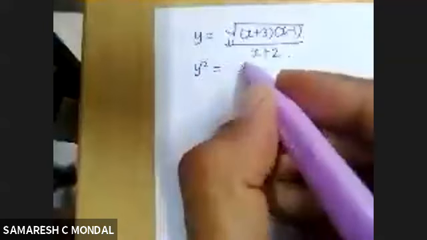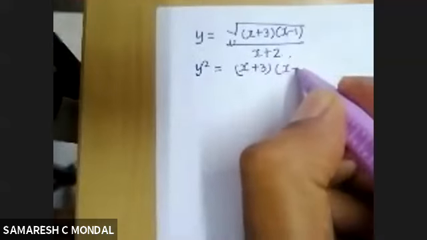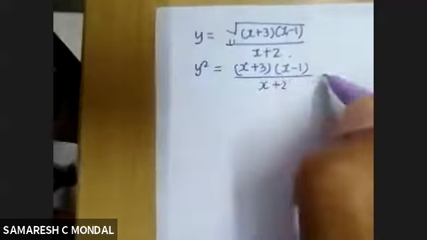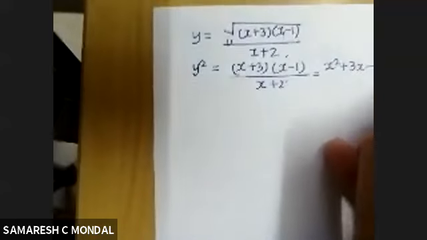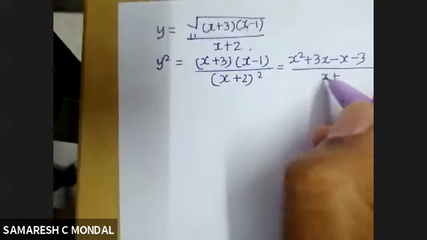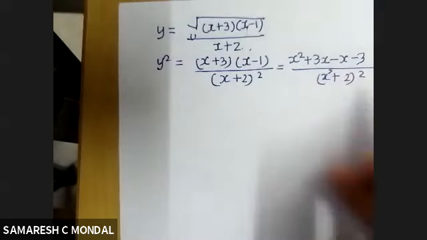So we'll square it. So if you square it, you get (x plus 3) into (x minus 1) divided by (x plus 2) the whole square. So further, x square plus 3x minus x minus 3 divided by (x plus 2) the whole square.